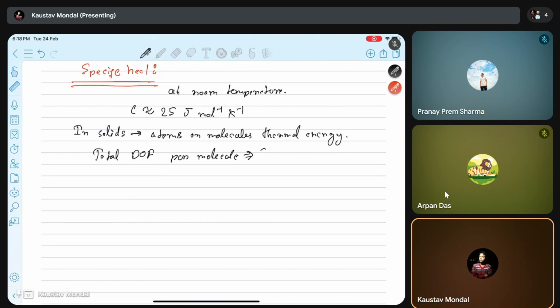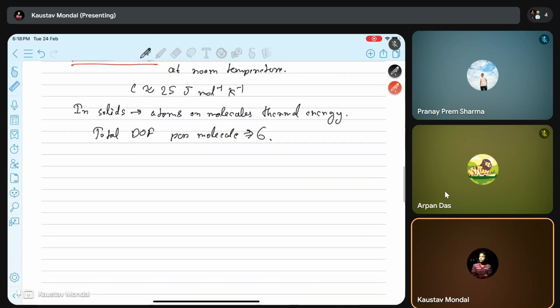6, right? Now we know from the equipartition of energy that each degree of freedom contributes half kBT of energy, right?